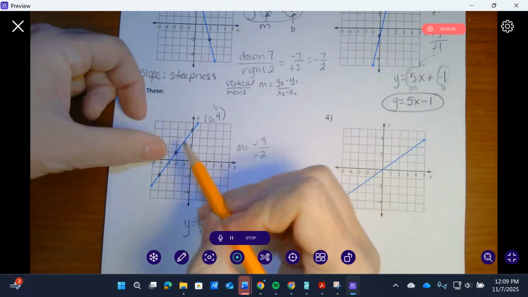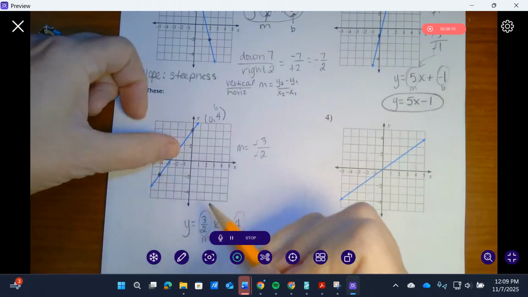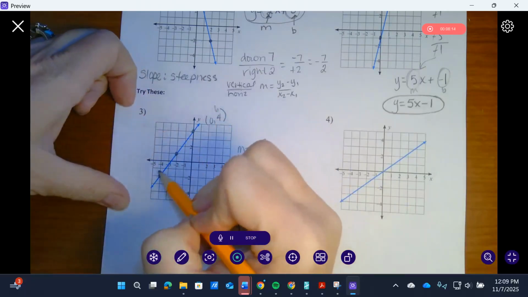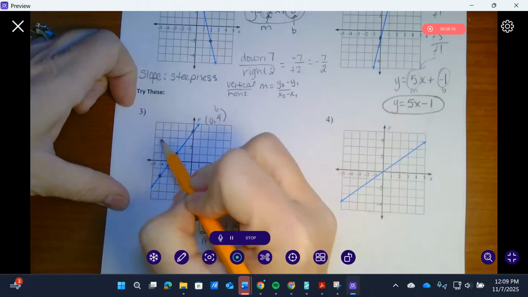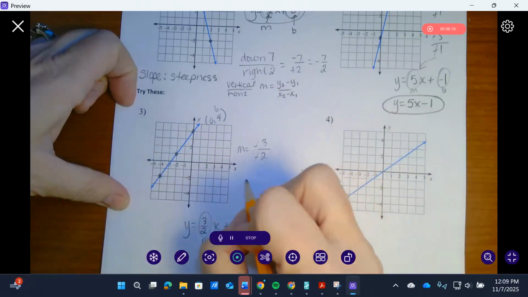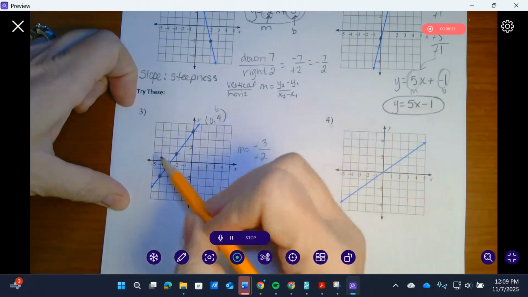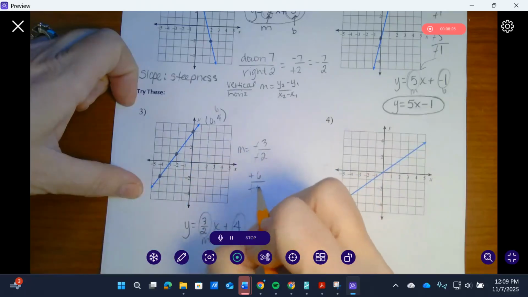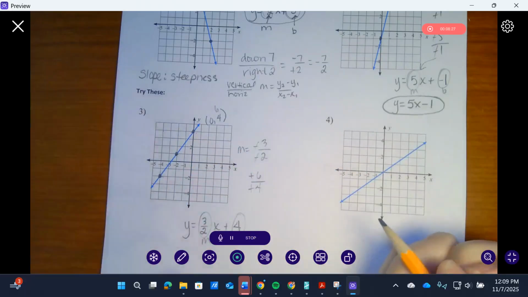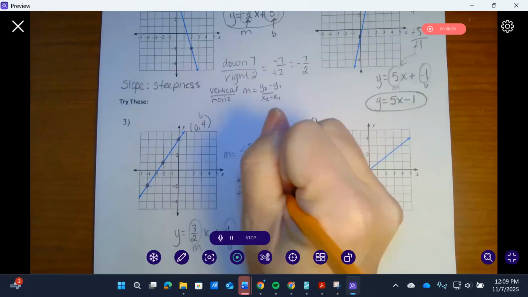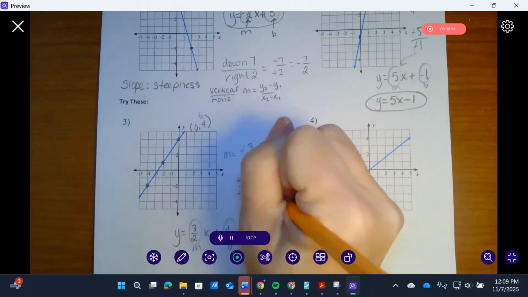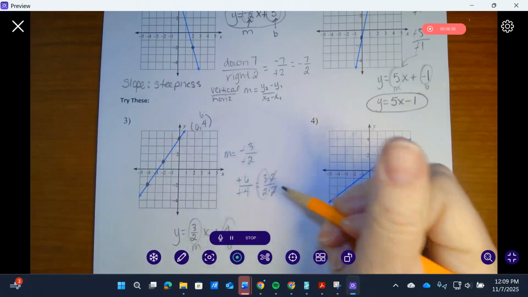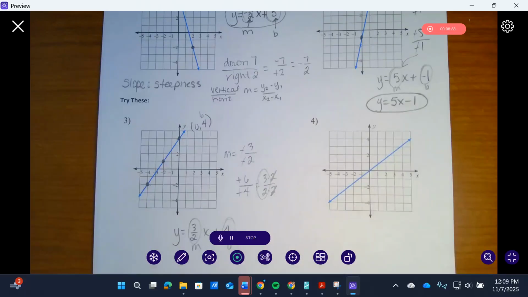Okay, now let's say we don't see this point right here, and let's say we pick this point here. So we want to think about going from here to here. I can go up 1, 2, 3, 4, 5, 6, up 6, and then over 1, 2, 3, 4. Okay, so notice that 6 is 3 times 2, and 4 is 2 times 2, so these 2's would divide each other off, and see how we still end up with that same 3 over 2 slope.